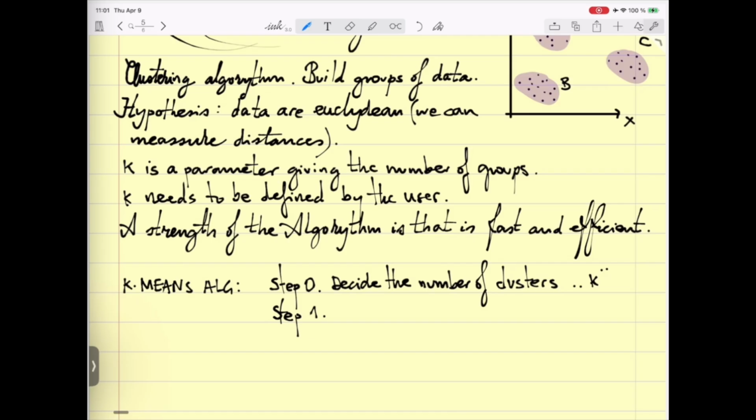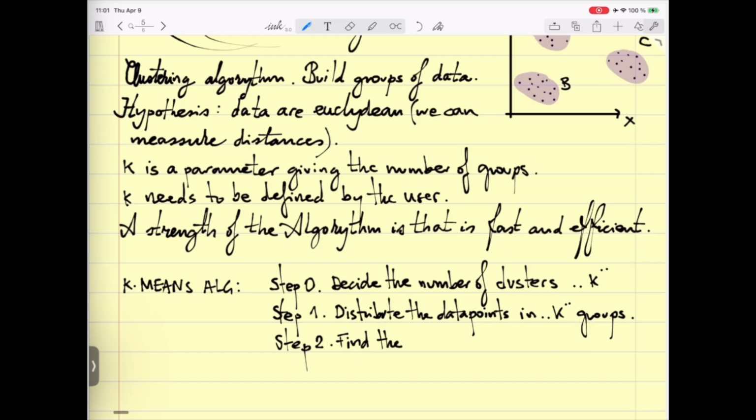So second step, or step number 1, distribute the data points in k groups. Step number 2, find the centroid.